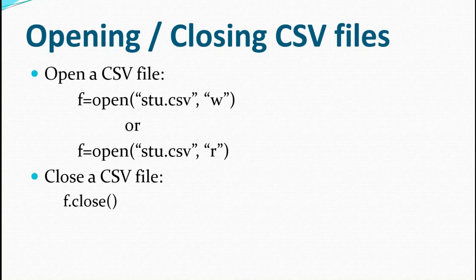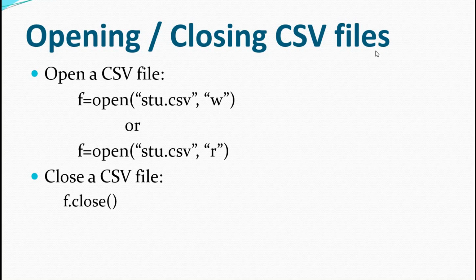Here all the modes are given, like read mode, write mode, append mode, r+, w+ meaning read and write both, like this. So these modes are similar to the previous ones. Here I have given only two examples, one for read and the second for writing.